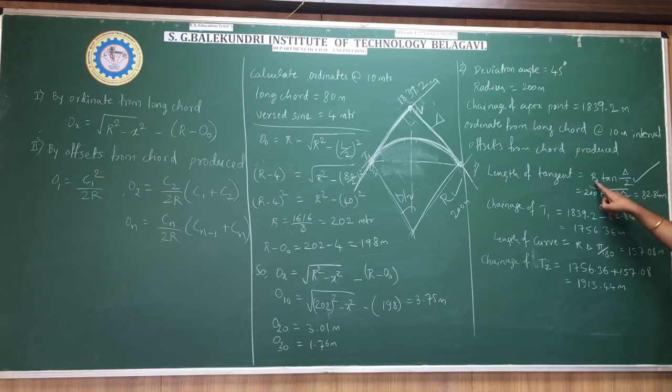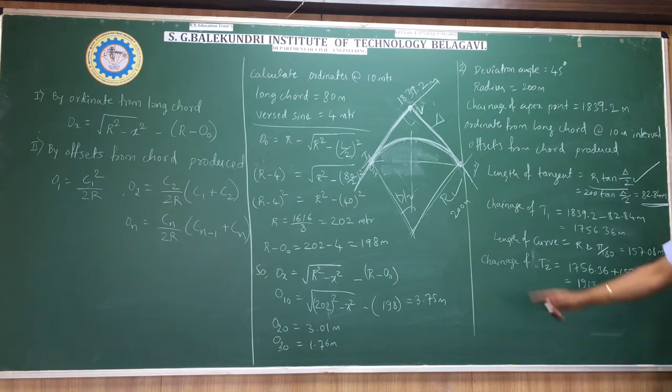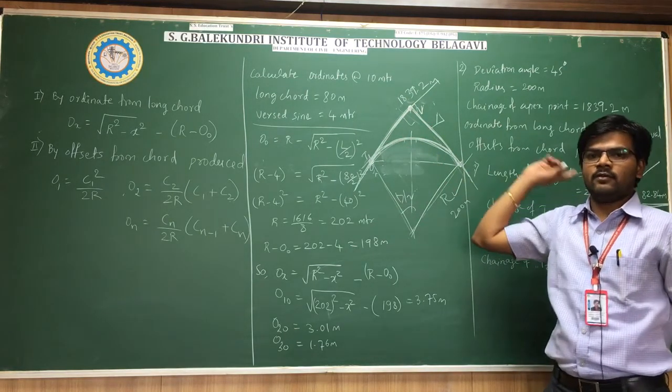So from this formula, we know R, that is 200 meter, radius given, and delta is 45 degree, it is given. Substitute the value, you will get 82.84 meter as length of tangent.